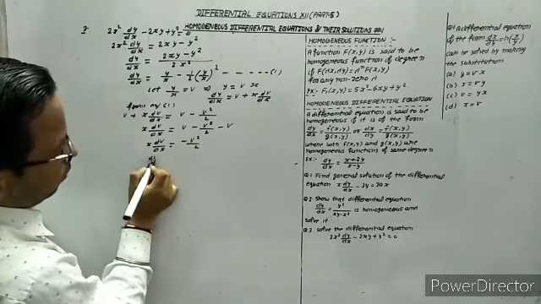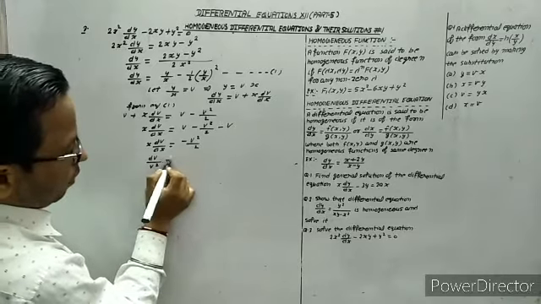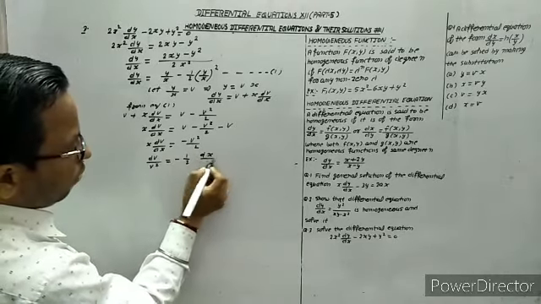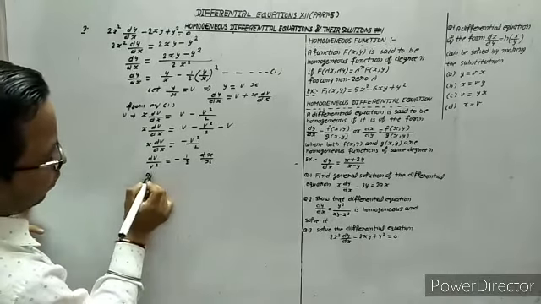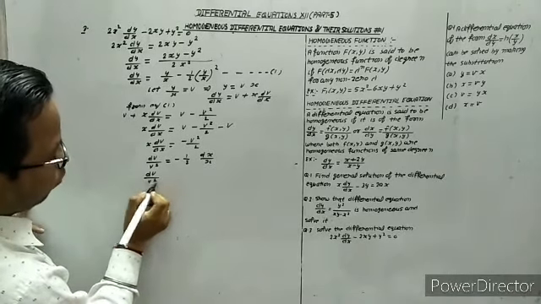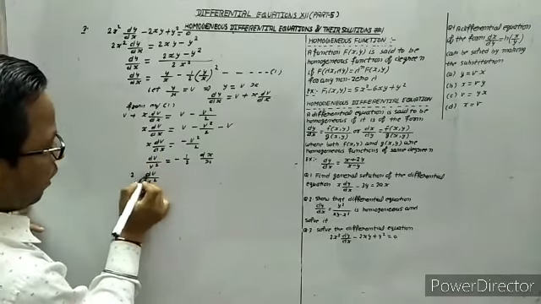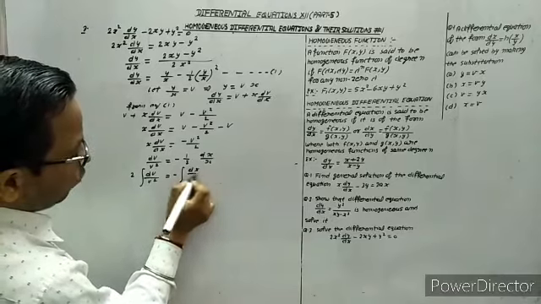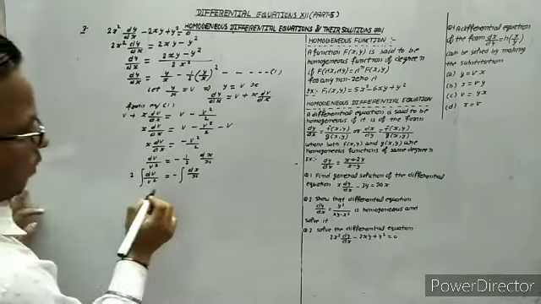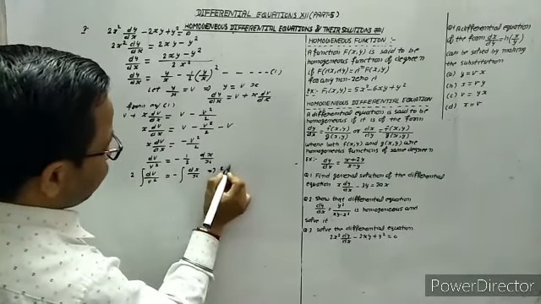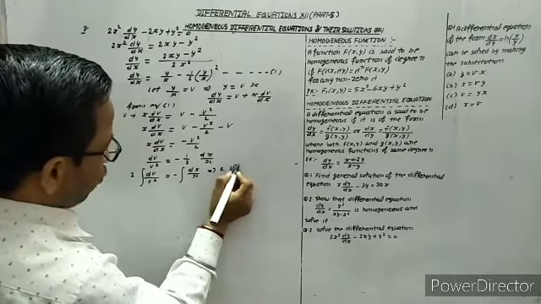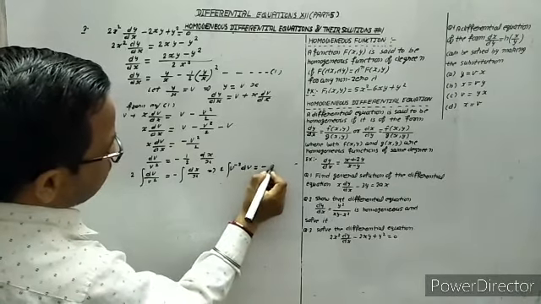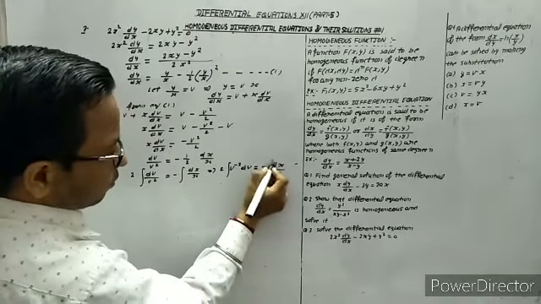It means this becomes dv upon v² is equal to minus 1 upon 2 dx over x. Shift this 2 here. It means 2 times the integral of dv upon v² is equal to minus the integral of dx over x. Now it means 2 times the integral of v to the power minus 2 dv is equal to minus the integral of dx over x.